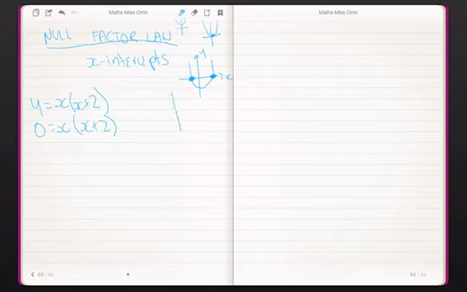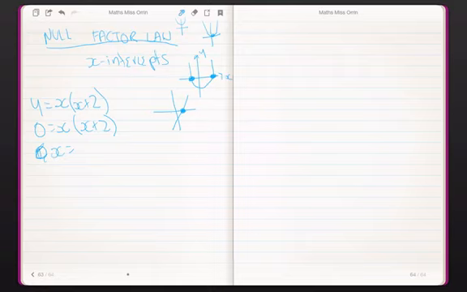Because when y is 0, because this is along the y-axis, that is our x-intercept, because it's not up and down the y-axis. Exactly the same idea here, okay? But this time we might have multiple answers for x. So let's have a look at what this could possibly be.